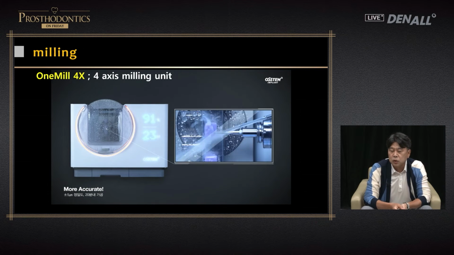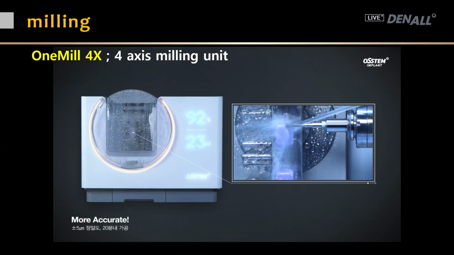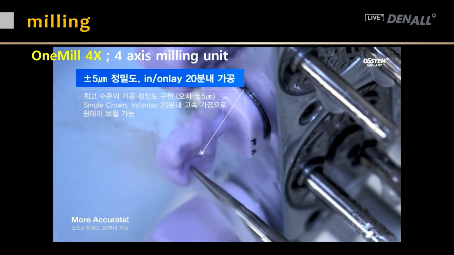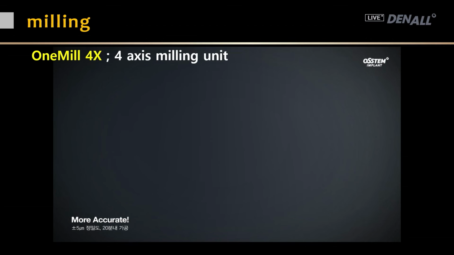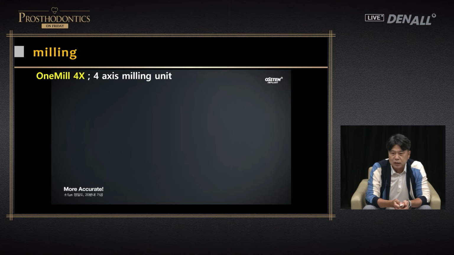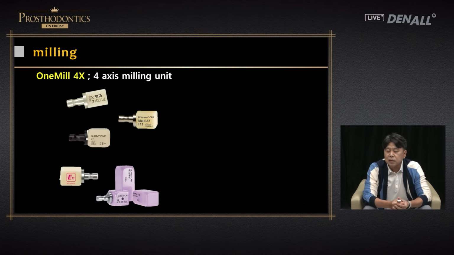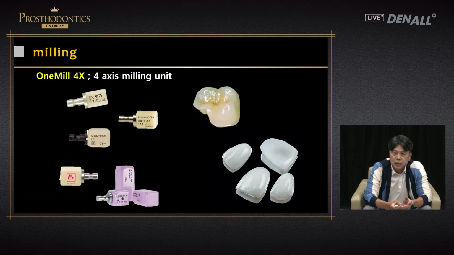In the video, this is Osstem's 4-axis milling unit. The Emax block in purple color is being milled along the X and Y axes. The holder can turn in the clockwise or counterclockwise direction, so there are 4 axes. It is used for ceramic block milling: inlays, onlays, ceramic crowns, or laminates.